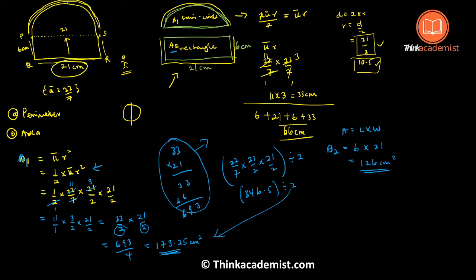Now, to find the total area for this figure, we've separated a semicircle and a rectangle, so all we need to do is just add it back to give us a total area. So total area will be equal to 126 plus 173.25.